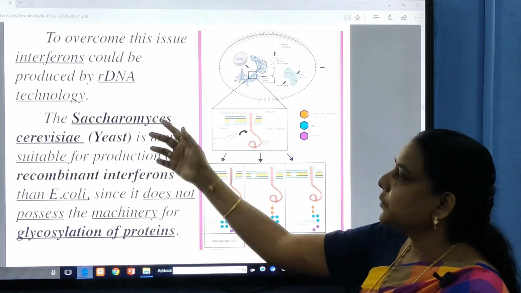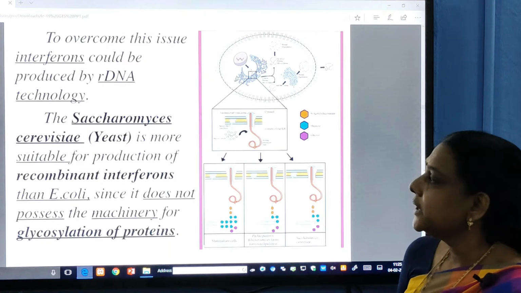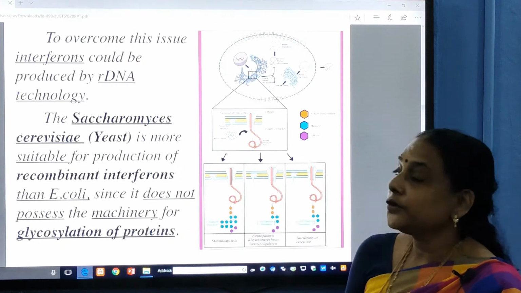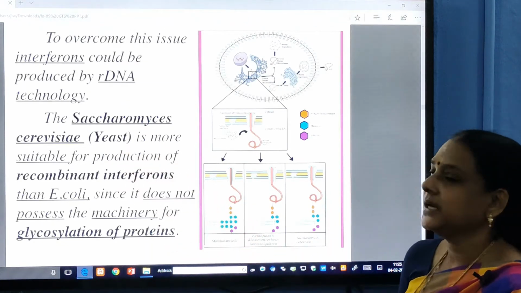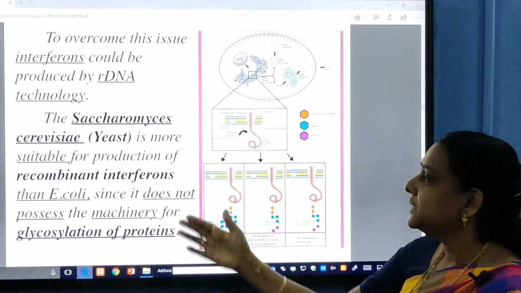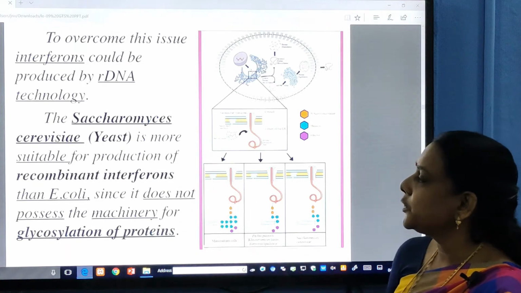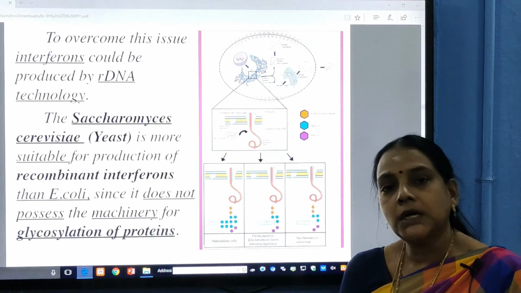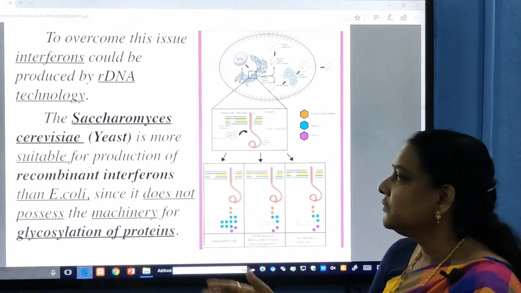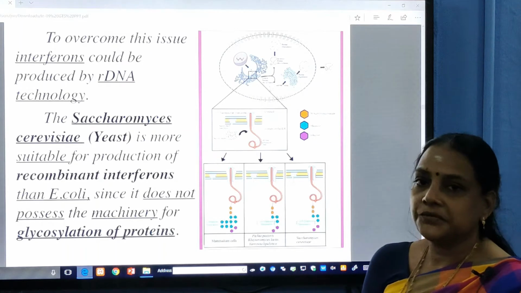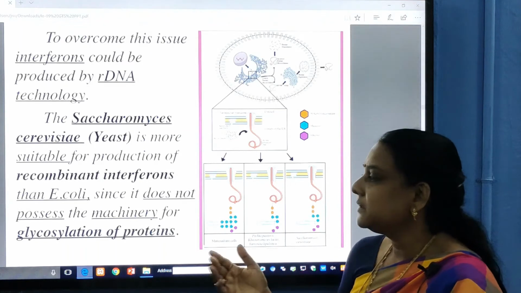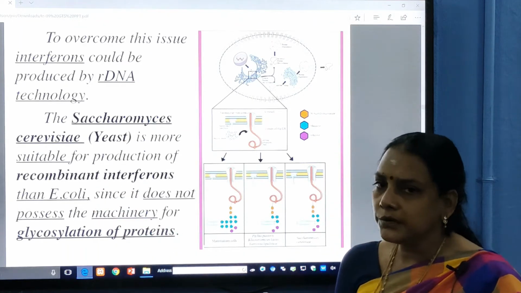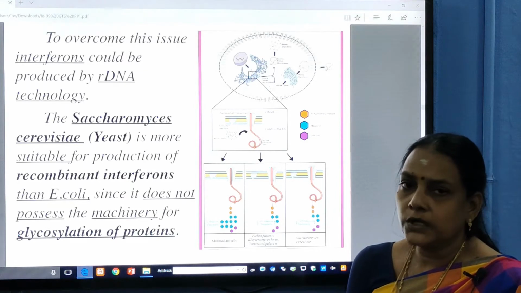So now we are applying rDNA technology using an alternative, Saccharomyces cerevisiae, that is the yeast, which is suitable for production of recombinant interferons. We were able to produce recombinant interferons with the help of Saccharomyces cerevisiae, other than E. coli, Escherichia coli. We don't want E. coli anymore.